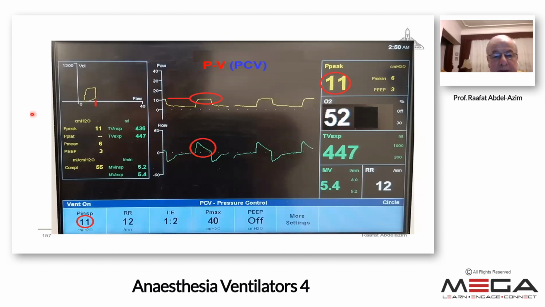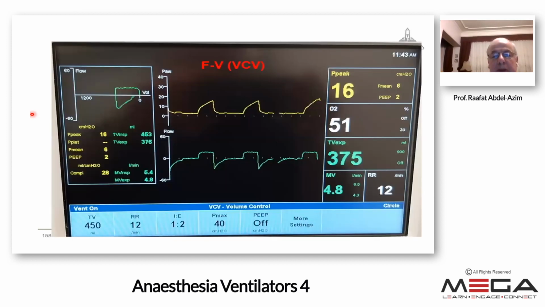So this is the difference in shape of the loop according to the mode of ventilation. Regarding the flow, I am talking now about the normal loops. Of course, these loops need more than 2 or 3 more lectures to describe the abnormalities. But now I am talking about the normal loops.